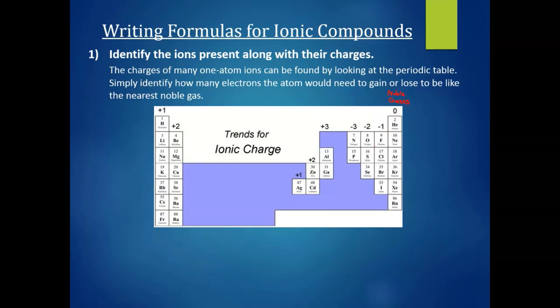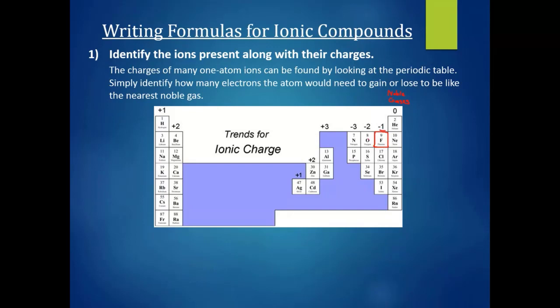But if I look at an element like fluorine, fluorine is very close to neon. It almost has a stable number of electrons. It really wants 10 electrons, but it only has 9. So it's going to gain an electron to be like neon, and if it gains 1 electron, it becomes a -1 charge.